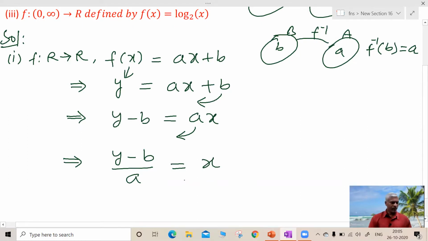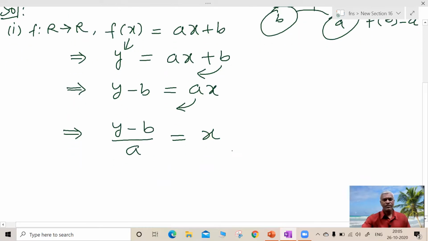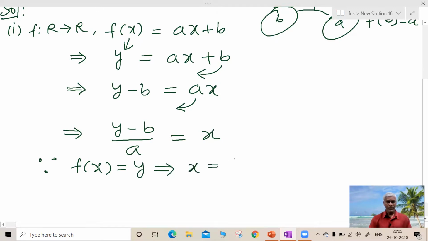So this x value is the inverse function, since f of x is equal to y. So x is equal to f inverse y. So x is the inverse function.